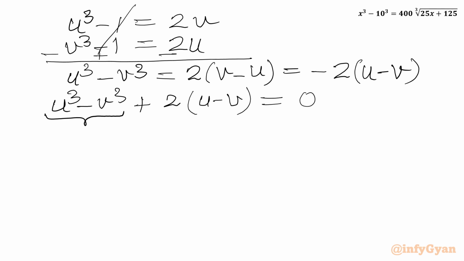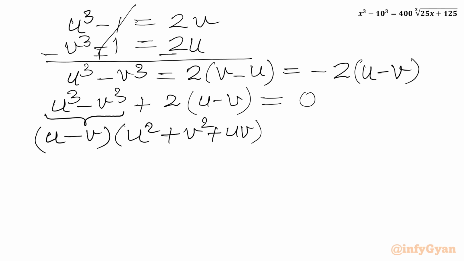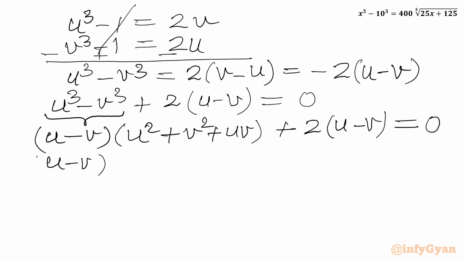Now we can apply a cube minus b cube formula here. So we can write u minus v times u square plus v square plus uv plus 2 times u minus v equal to 0. Now u minus v is common.